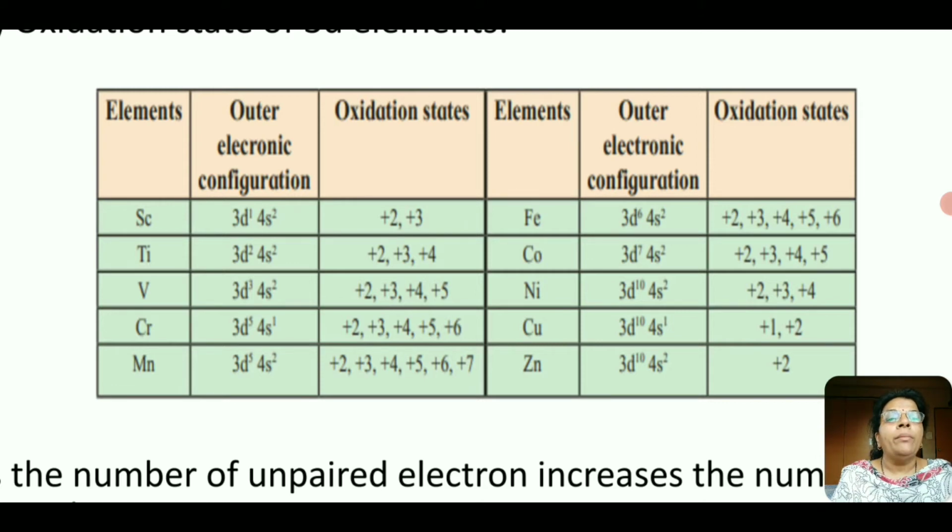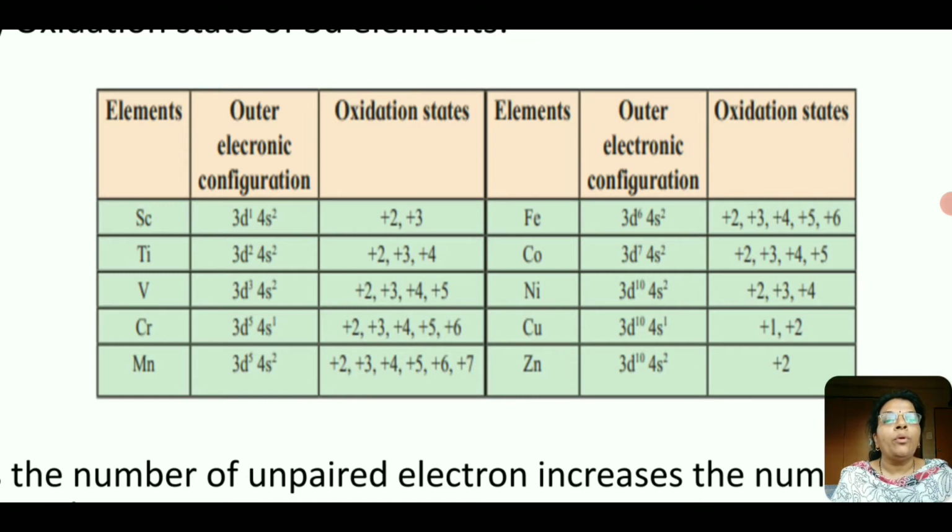Then vanadium. The atomic number of vanadium is 23 and the valence electronic configuration is 3d3 4s2. Now here vanadium shows +2, +3, +4 and +5 oxidation states. But vanadium is more stable in the +5 oxidation state due to argon gas configuration, which is more stable.